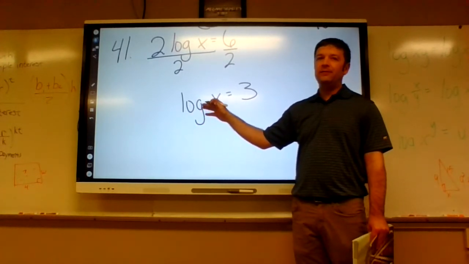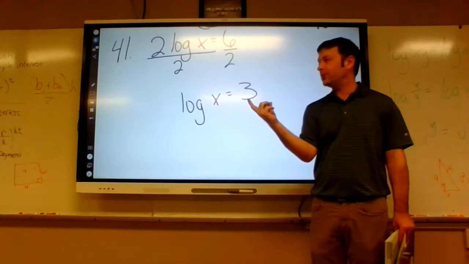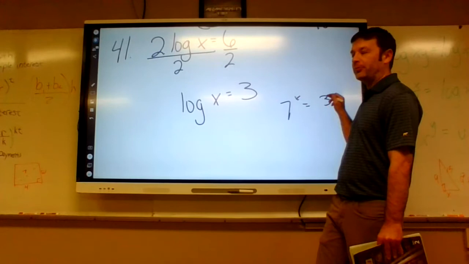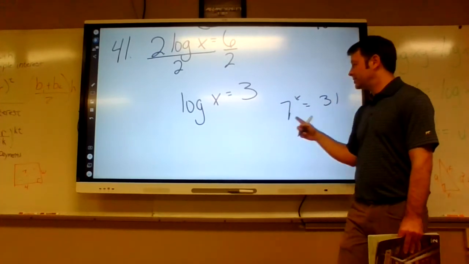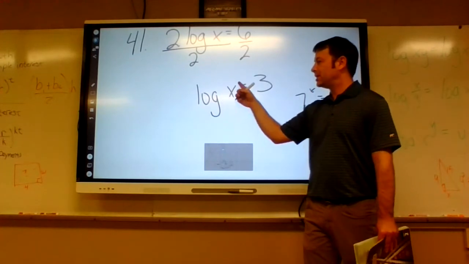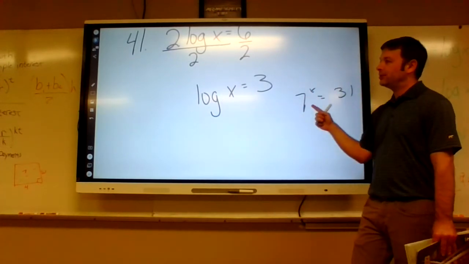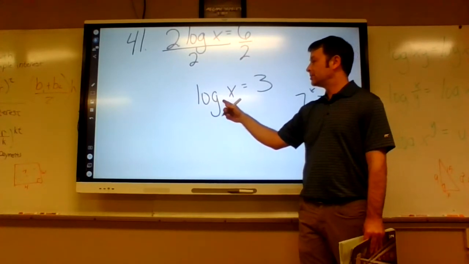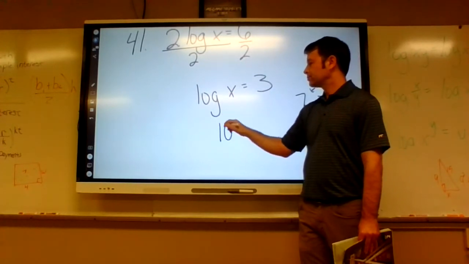If you have an exponential equation with a variable, usually you have to change it into a log problem. Something like this, we'd have to change to a log to solve. Something like this, we need to change into an exponential equation to solve. So what is this as an exponential equation? 10 to the third equals x.